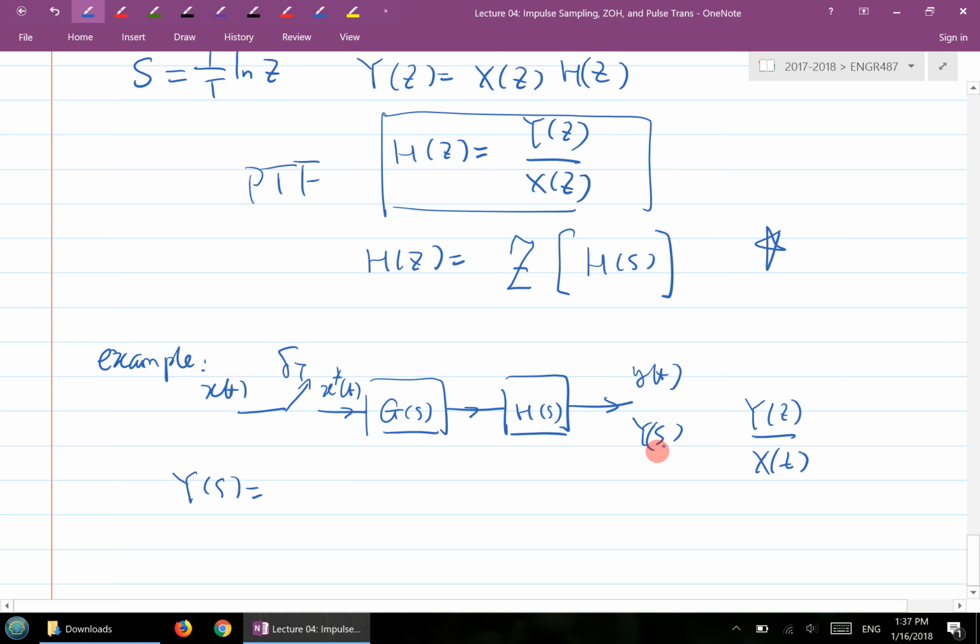So here's my output y of s. So y of s is equal to the signal here, which is x star of s, going through this g of s, going through the h of s. So basically, you have h of s, g of s, and then x star of s.